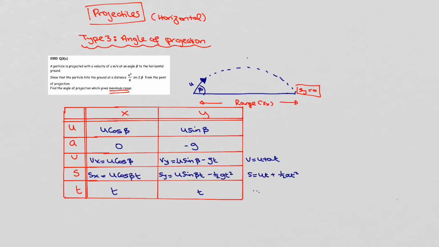So the first thing is to show that it hits the ground at that distance from the point of projection. The distance from the point of projection is basically another way of saying find the range. So we know the range is when S of y is equal to 0. So the first part of the question is the range when Sy equals 0 on landing.